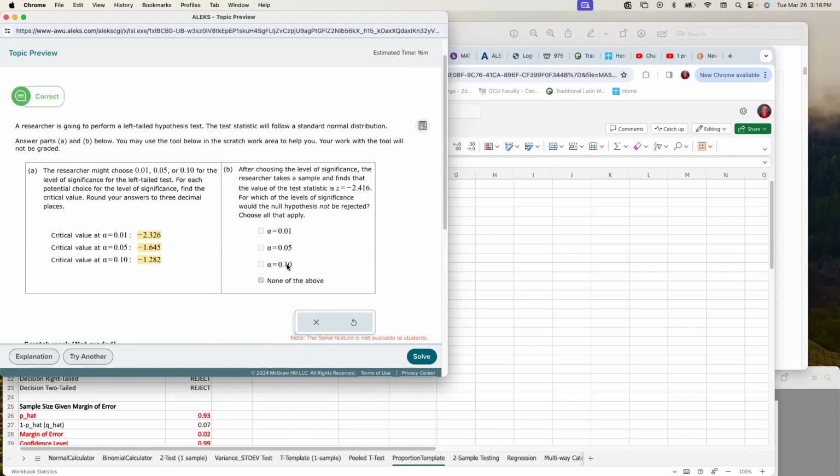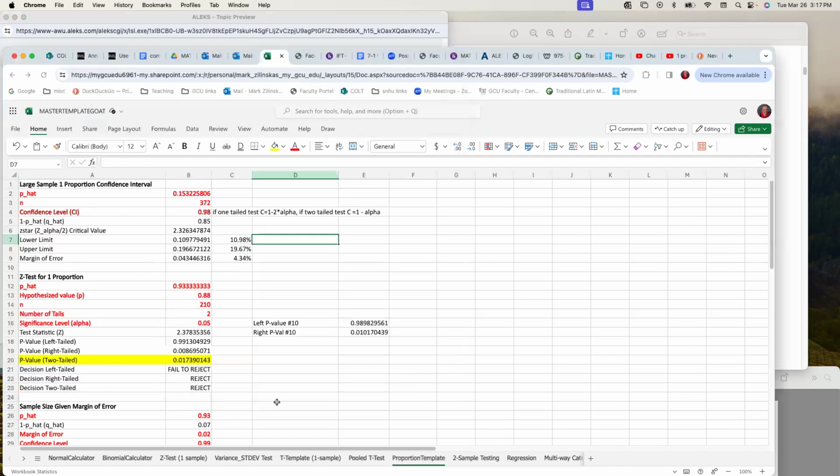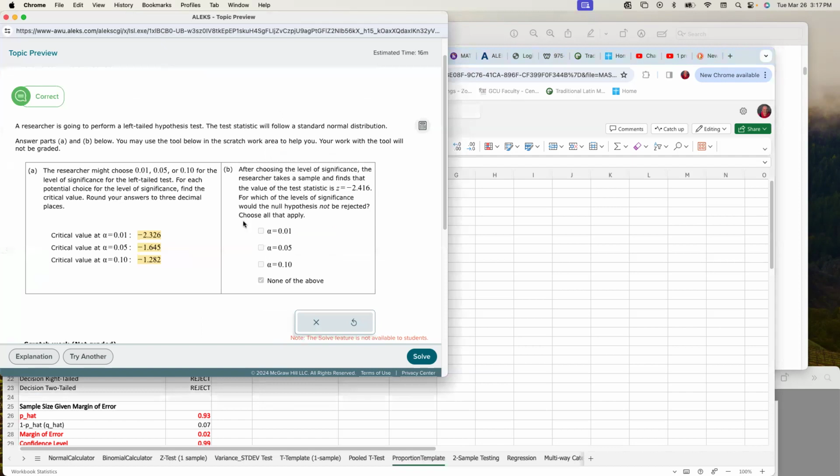I'll just show you this again here. If we have 10% in the left, 10% in the right, we would have 80% in the middle. But in this case here, since this is a one-sided test, we are going to put 10% in the left tail.